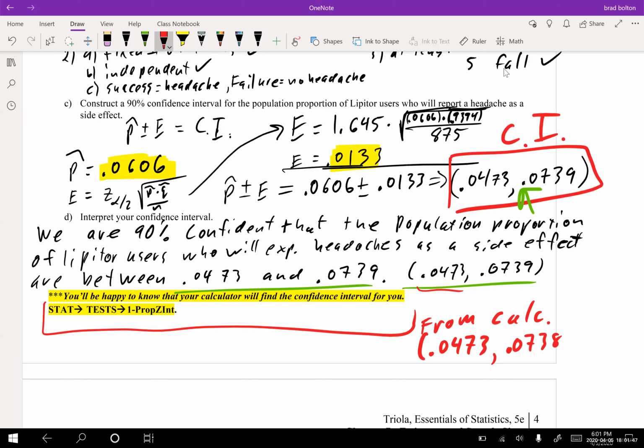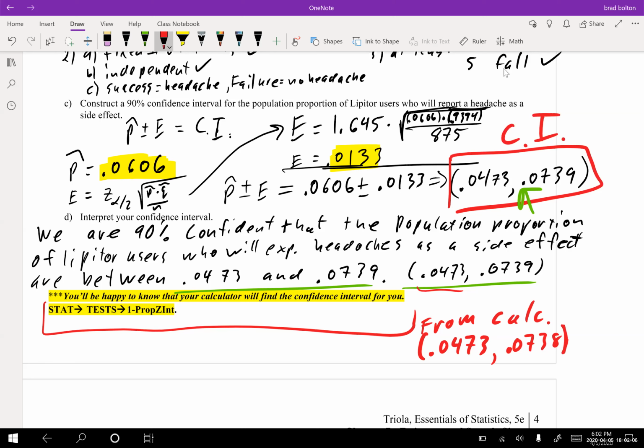So they would have rounded down, we would have rounded up to 9, but that's because we used 0.0606, 53 divided by 875. When we did 53 divided by 875, we rounded off, okay? So there's going to be a little bit of built-in error in there.